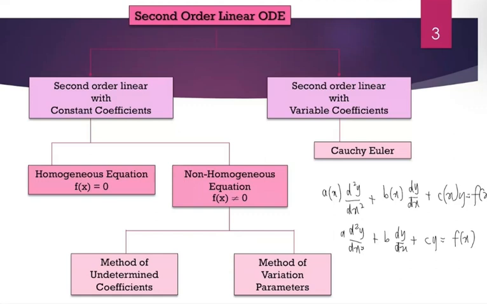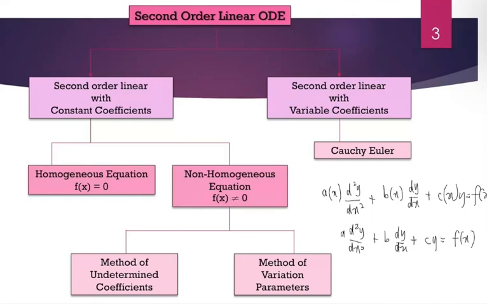Just now I told you that if our functions a(x), b(x), c(x) are constant. Now how about when they are not constant coefficients, which is a variable coefficient? If we have that kind of function, then we have one method to solve this ODE.